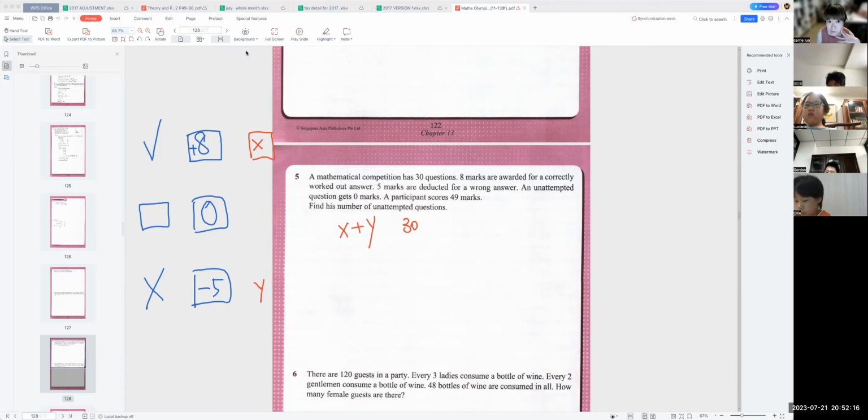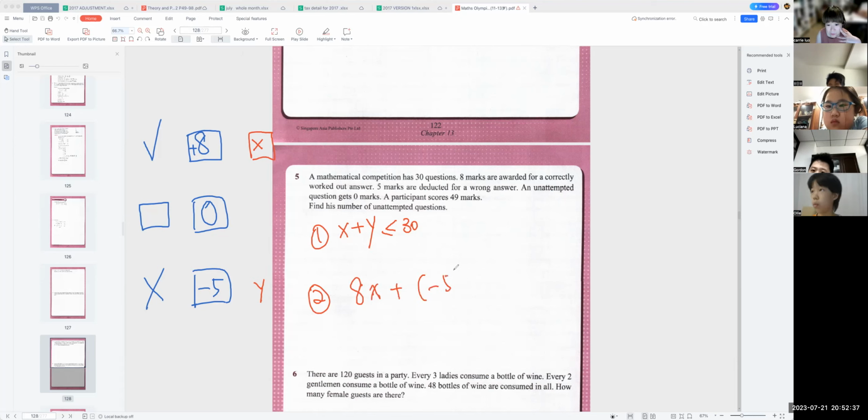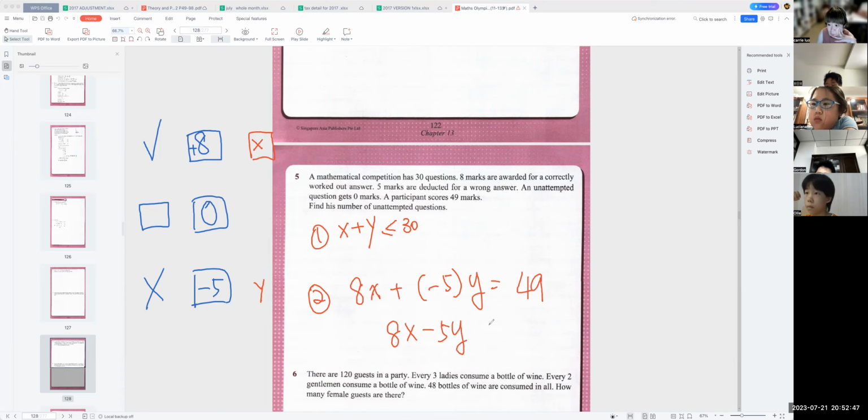It's smaller than or equal to 30. Why can it still be equal to 30? Because maybe this student has no unattempted questions. Understand, everybody? Okay, so that's the first thing. So the second one is what? 8 times X plus -5 times Y should equal 49 marks. Correct, everybody? So we have 8x minus 5y equals 49.